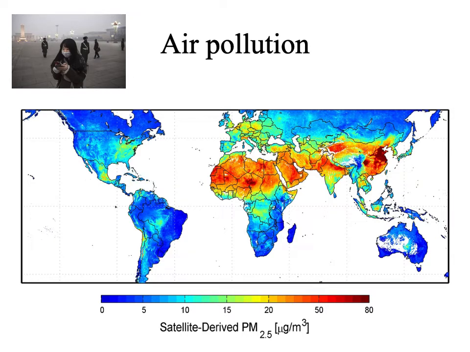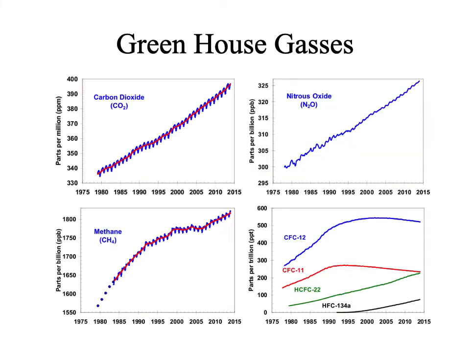When we are talking about air pollution, greenhouse gases are also part of it. You can see in the graph the concentration of four gases, namely carbon dioxide, nitrous oxide, methane, and CFCs.